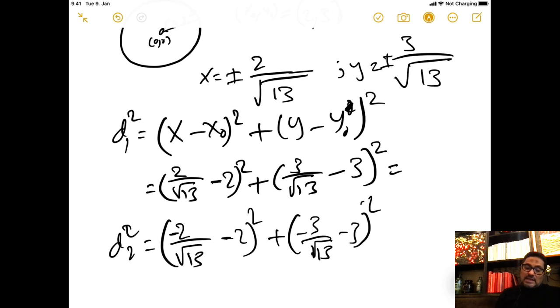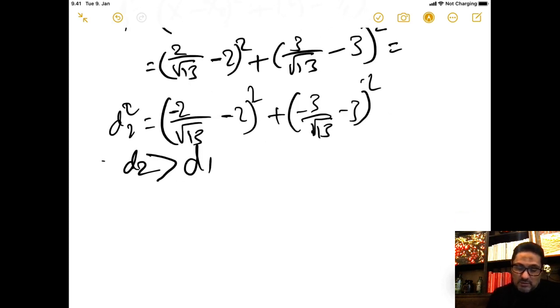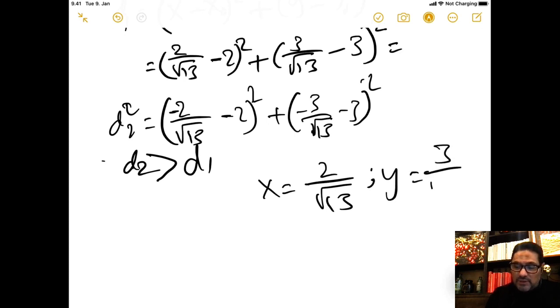It is very clear that this d2 will be greater than d1, because this number will be larger, and when you take the negative square, it will be larger than d1. Then the minimum distance that you can take for this example is x equal to 2 divided by square root of 13 and y equal to 3 divided by square root of 13. So it is simply like that.